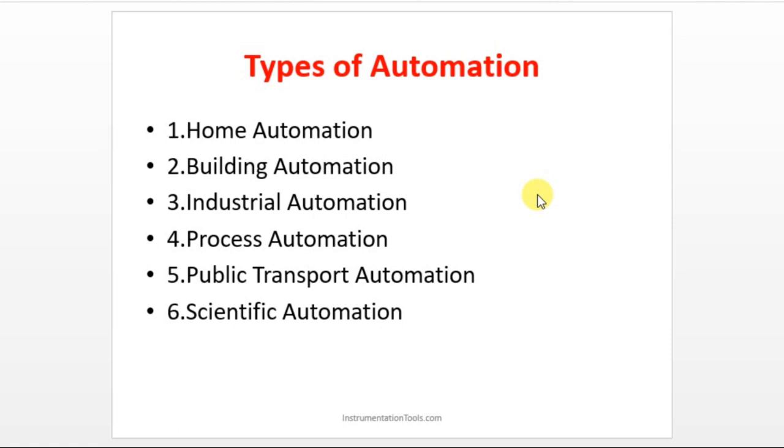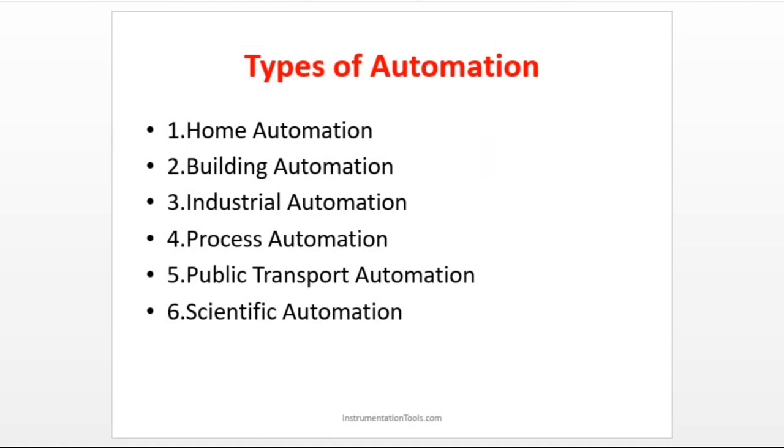And we have industrial automation and process automation, and public transport automation, where you can find examples like traffic light control. These all come under public transport automation. And the last one is scientific automation. Obviously for all our research and development we are using automated kits, right?